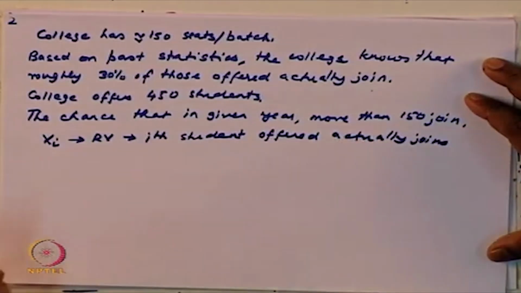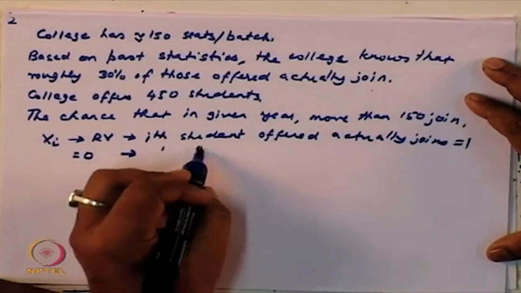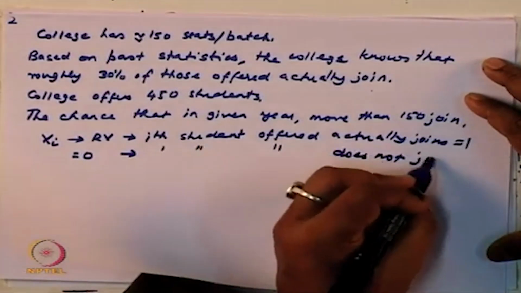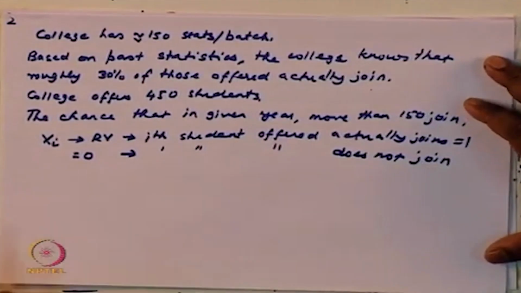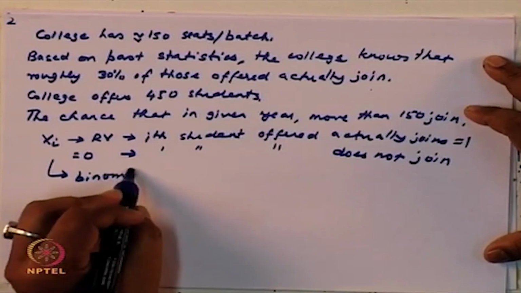If the ith student offered joins, I can assign xi equal to 1, and xi equal to 0 if the ith student is offered but does not join. So, xi in this case is a binomial random variable.